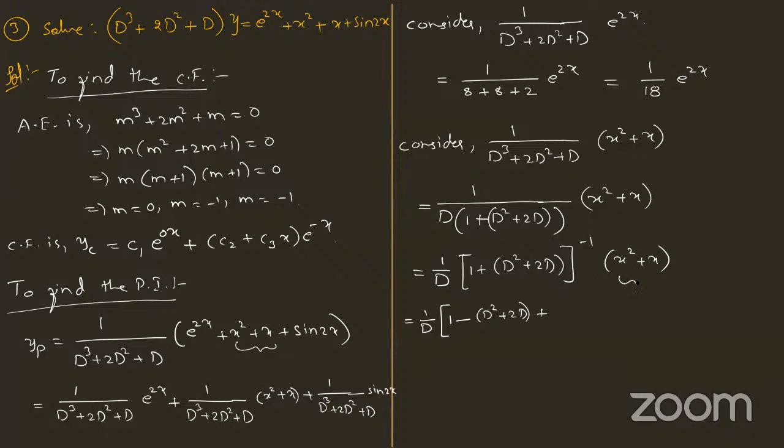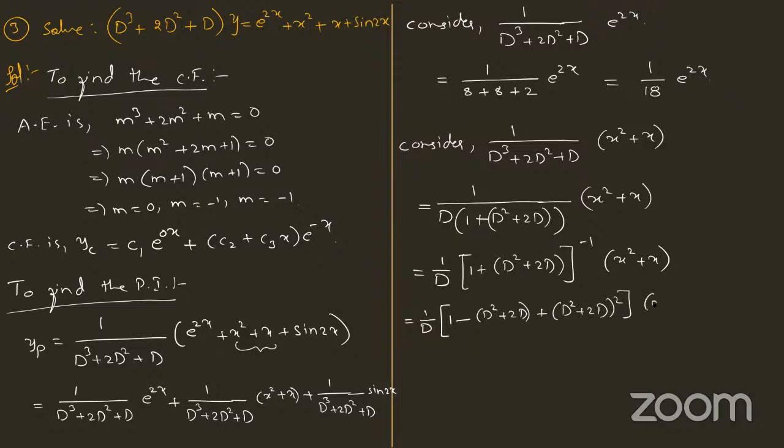Look at this polynomial. We have the highest degree in this as x square, 2 it is, correct? So since the highest degree is the second one here, you need to take up to the second degree term even in this expansion. So take up to the square term, D square plus 2D whole square. And the other terms can be ignored because there are no other powers of this.